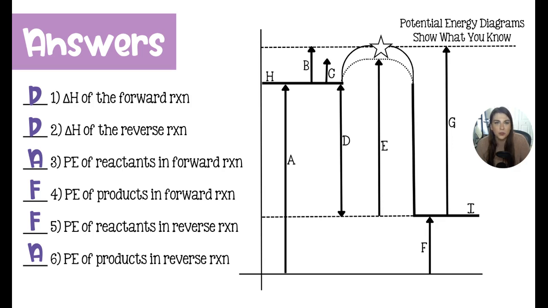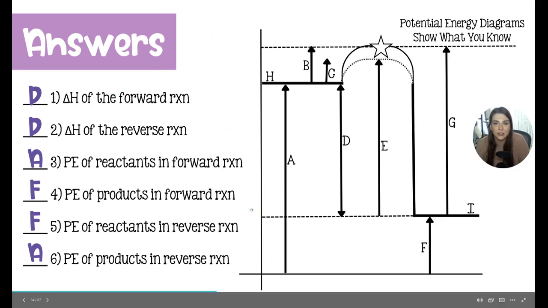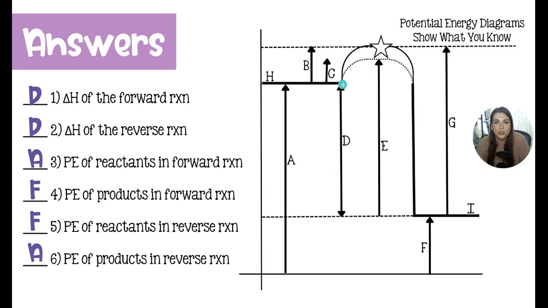Here are some answers to questions. Typically, I would ask these of regular students, but you are free to cover up the answers across the left side of the screen and answer this yourself. Really, I just wanted to show you this dotted line here. This dotted line represents the catalyzed reaction, meaning that this is the path that the reaction would take if a catalyst were added to the reaction.